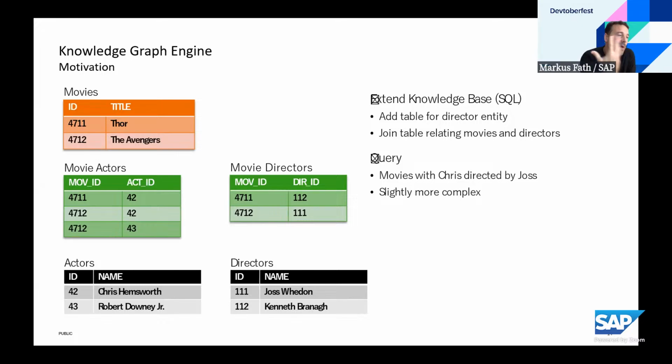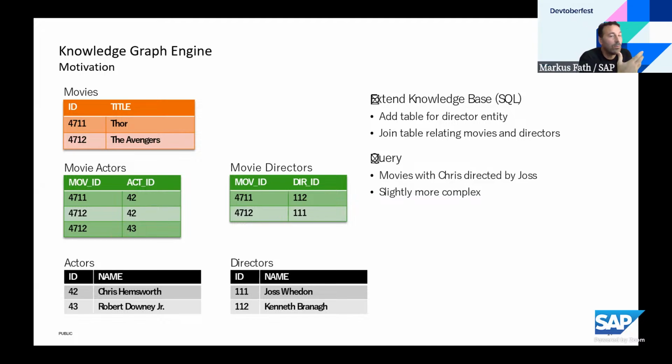However, what happens if we extend our movie database and, for example, bring in an additional table for directors? Again, we would need an additional join table, which joins our movies to our directors. So it starts becoming a little bit more complex, especially if you think about queries like movies with Chris, directed by Joss.